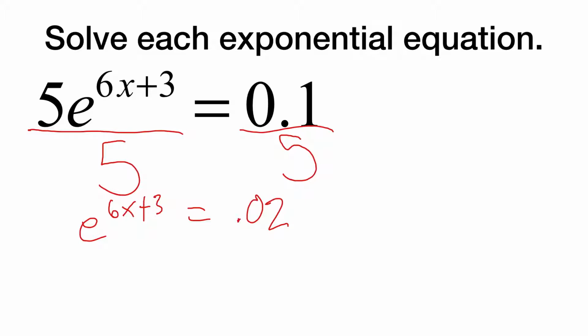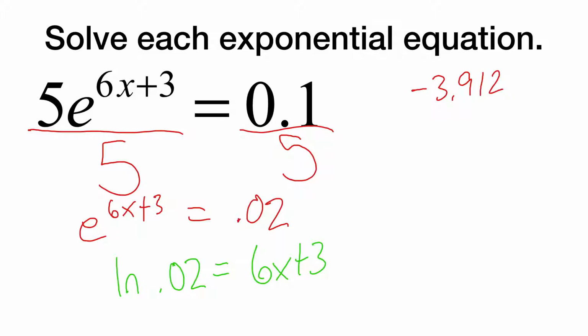At which point I rewrite this as the natural log of 0.02 equals 6x plus 3. So natural log of 0.02 ends up being negative 3.912, which is approximately 6x plus 3.